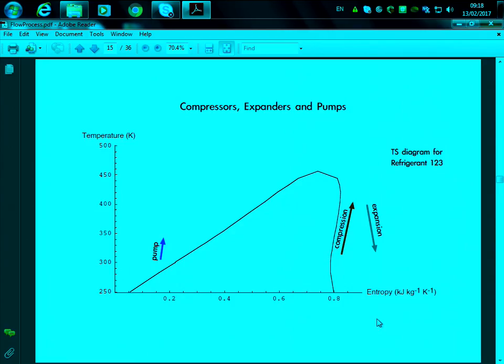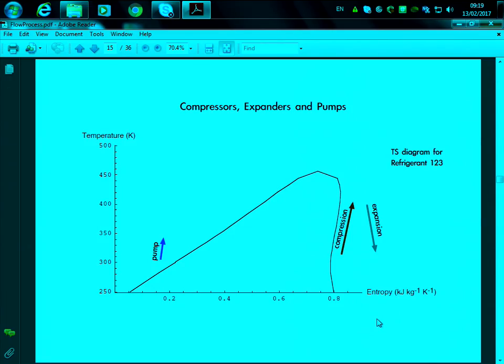Another type of chart will show you more or less what is happening, because here we cannot see the pressure. The main thing that is changing is the pressure, and pressure is not plotted in this diagram. Actually, pressure will be a set of curves that will come into the chart.